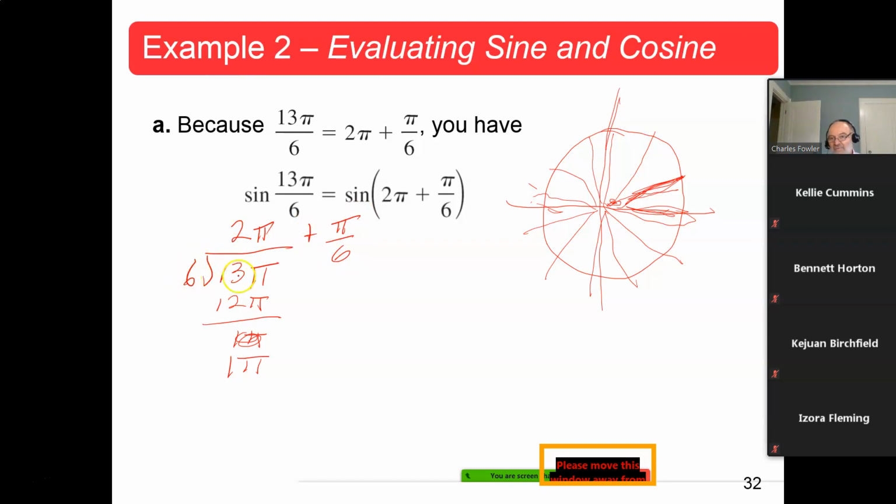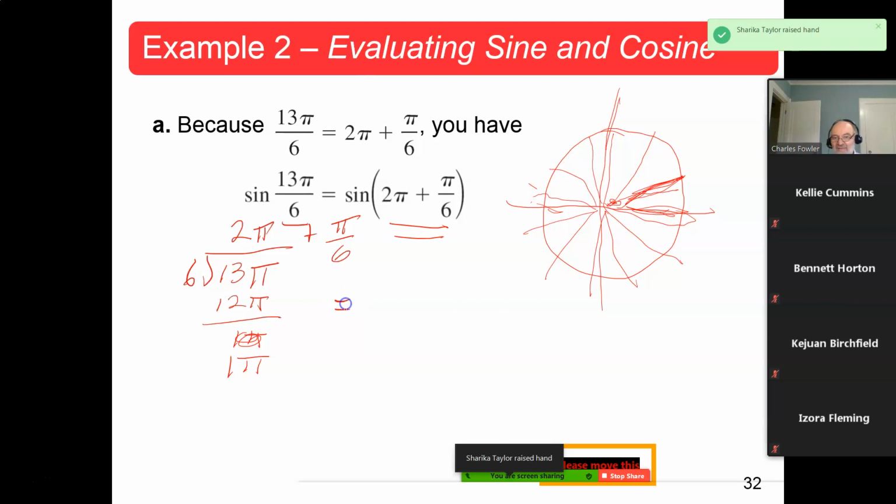So you multiply, you get 12 pi, subtract, you get 1 pi. Put that over 6, you get 1/6. So that's how they got this. 13/6 pi is 2 pi plus pi over 6. Because sine is periodic about 2 pi, the sine of 2 pi plus pi over 6 is exactly the same.